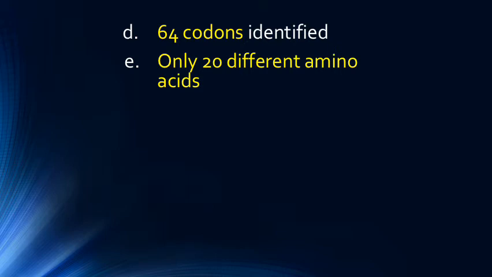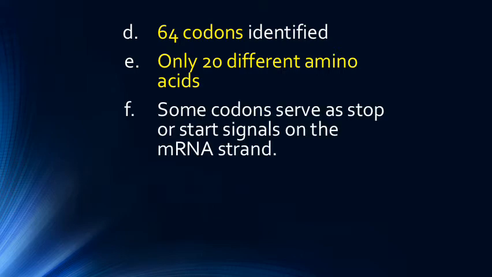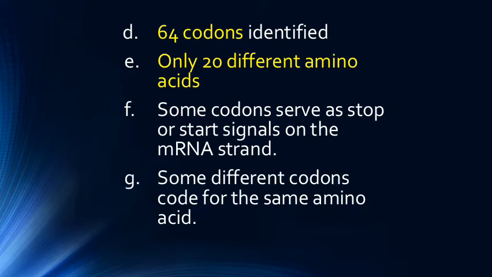And even more interesting, across all life on Earth, there are only 20 different amino acids. It's the order in which those amino acids occur that makes them different. Some codons serve as stop or start signals on the messenger RNA strand, and some different codons code for the same amino acid.